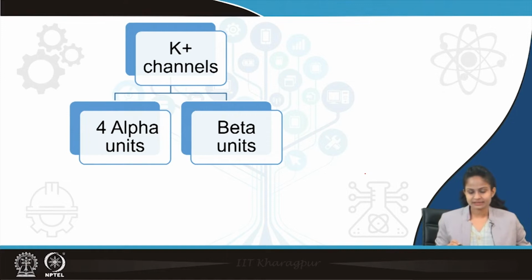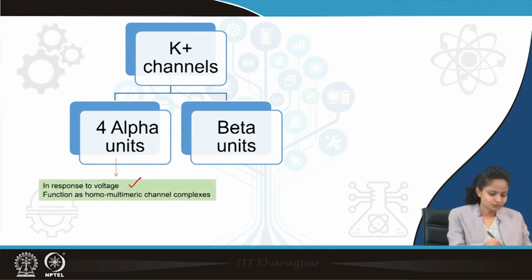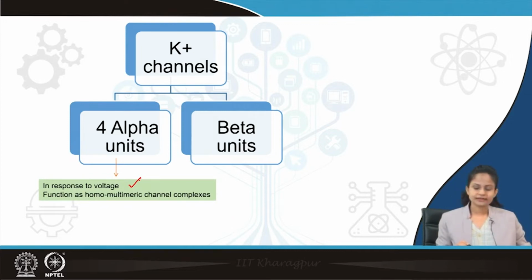The pore domain is present in the alpha units, whereas the beta units usually modify or regulate the channel activity, which means the alpha units play a role by sensing the voltage or the change in the membrane potential. So alpha units respond to the membrane potential or voltage change, and they also form homotetramers or heterotetramers. In this way they form channel complexes.